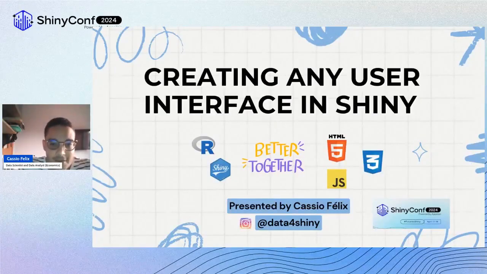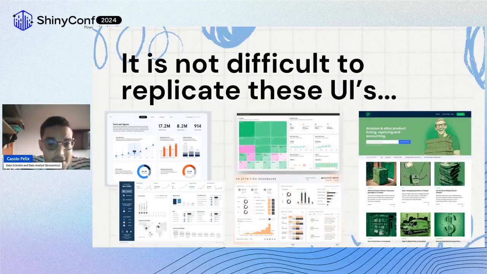Hello, everyone. My name is Cassio, and I'm from Brazil. And I'm here today to talk about the process that I like to follow to create my user interface in Shiny for the last few years. I think the main message that I would like to send here is that when we create a user interface and we want to replicate beautiful user interfaces, this is really possible.